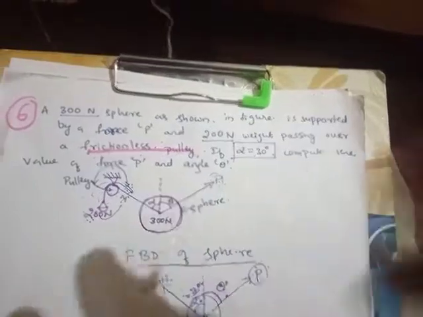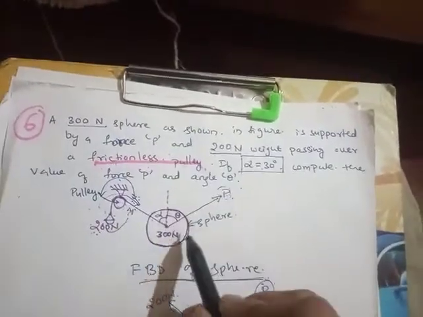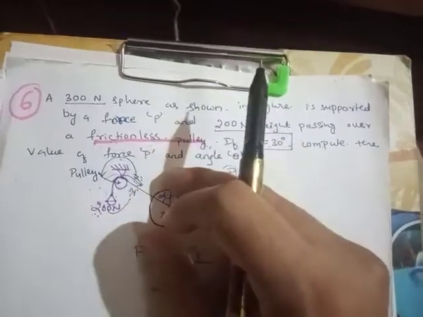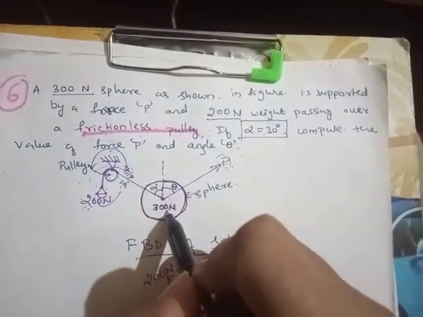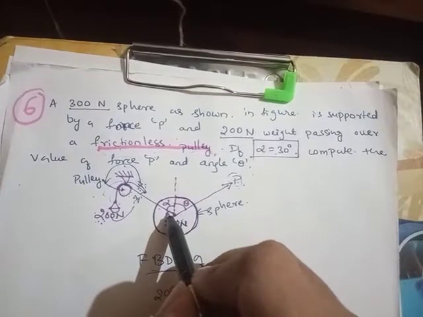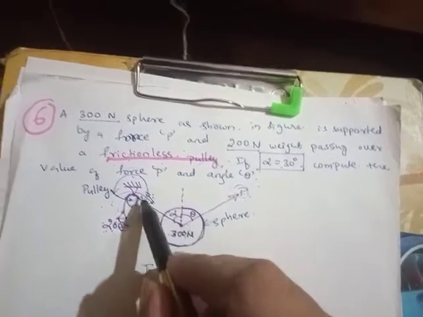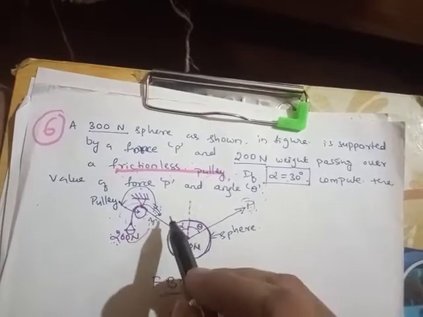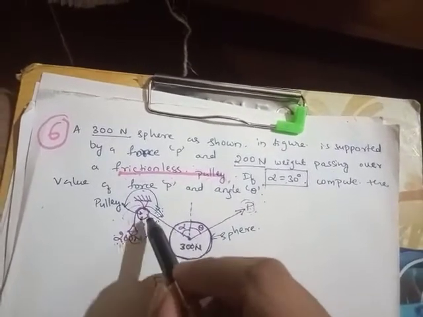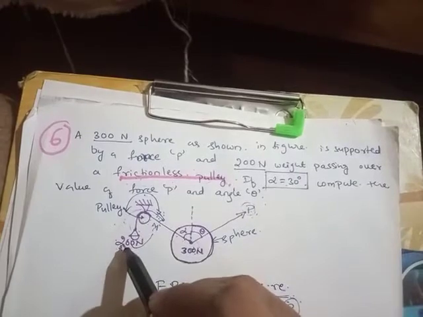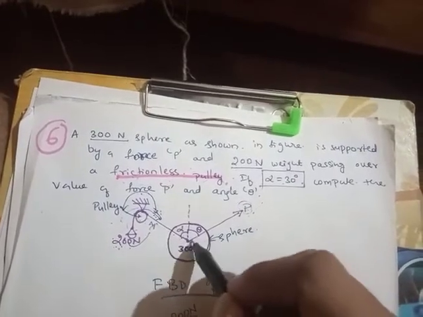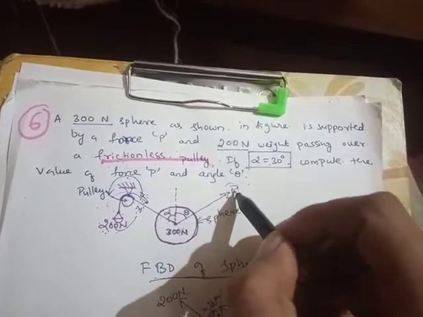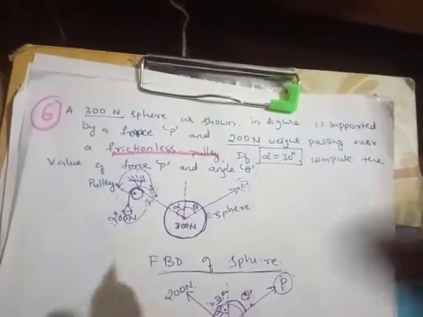In this question they have given you the figure. If you look at the figure, there is a sphere of weight 300 Newton, and one end of the sphere is attached to the pulley by a string or a rope and subjected to 200 Newton force, and another end is subjected to tension pull P, which is unknown to us.